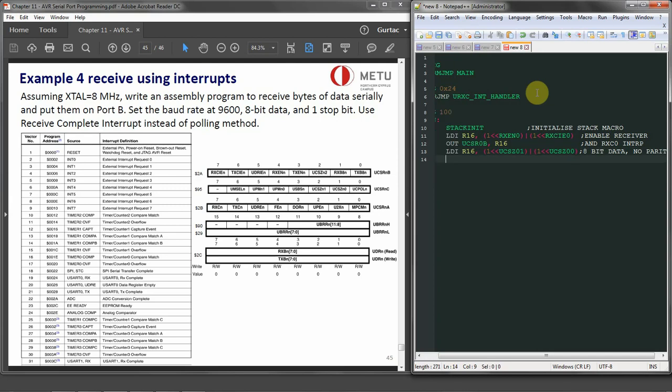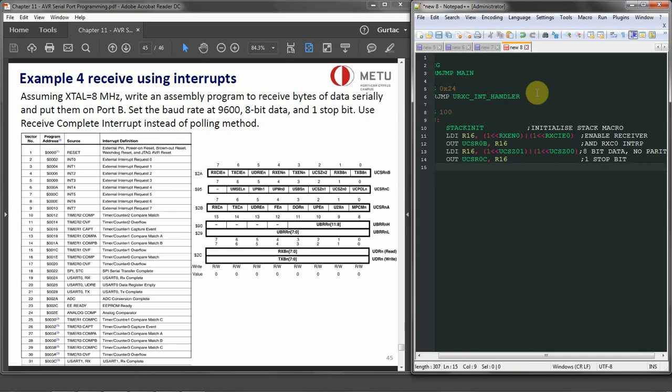Then out again, UCSR0C, R16, no parity, 1 stop bit, just the rest of the sentence.